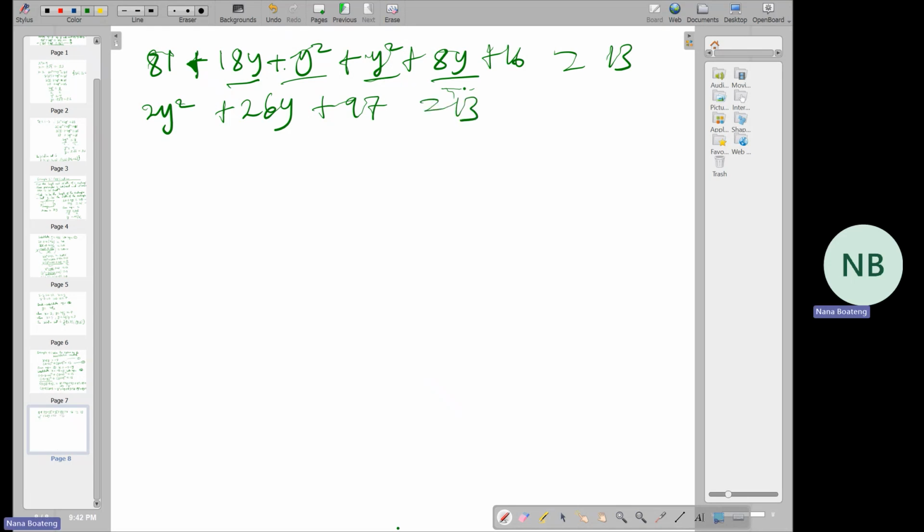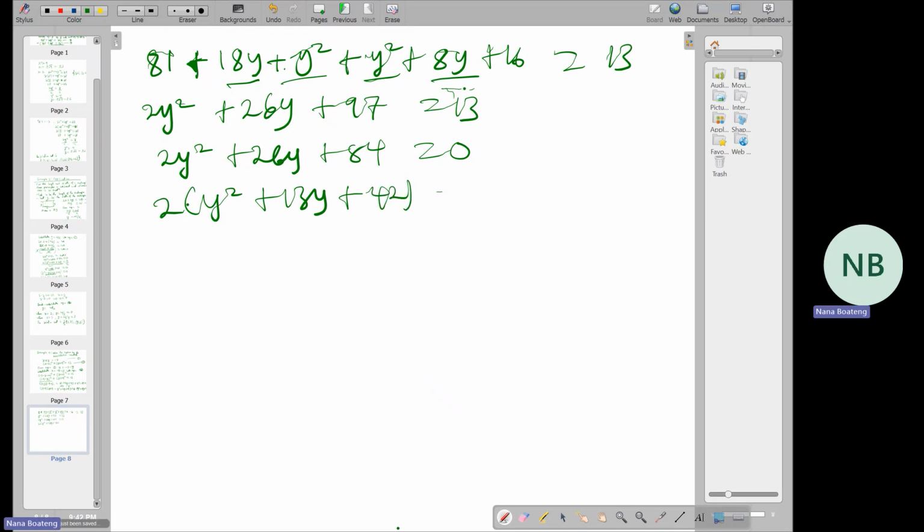All right, so let's subtract 13 on both sides. So that gives us 2y squared plus 26y plus 84 is equal to 0. All right, 2 is common to every one of the terms, so we can factor 2 out, and divide both sides by 2.